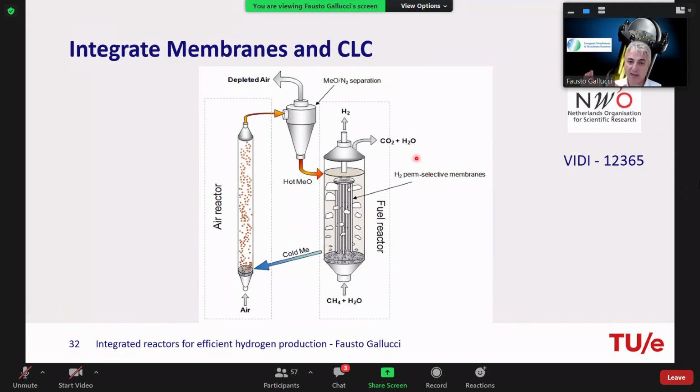So you have hydrogen production with CO2 capture in a single system. Just to give you an idea, we started this project in 2012, and we took 5 years to reach a TRL of 4 to 5, which means testing this reactor with cycles at lab scale.